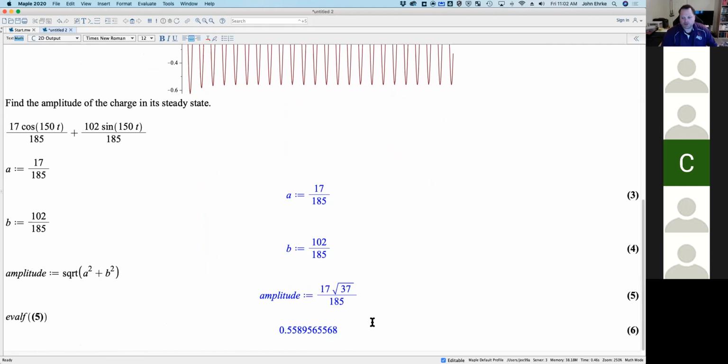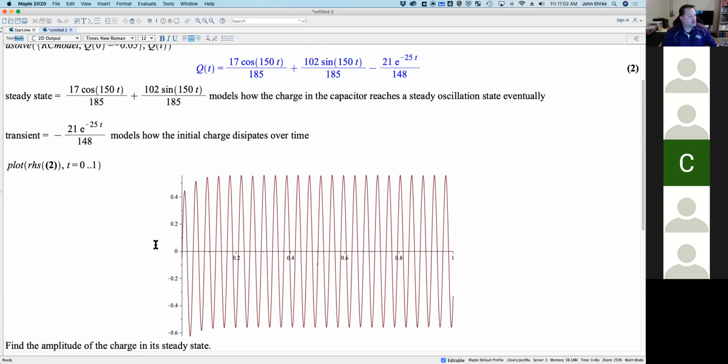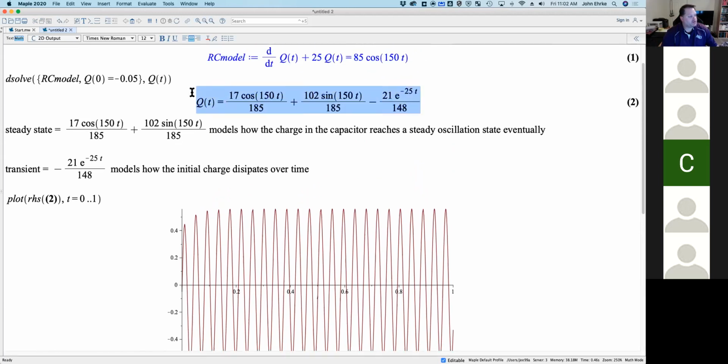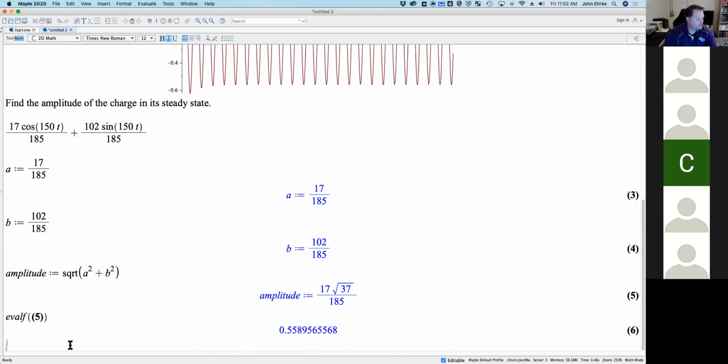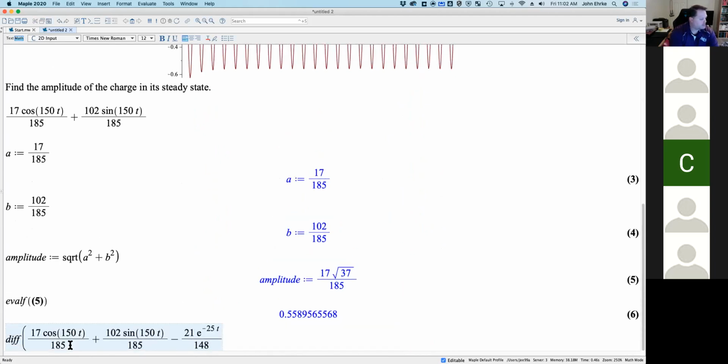Now, what if we wanted to talk about current? How would we talk about the current of what's going on in the circuit? Well, we have the charge, and we know that the derivative of charge is current. So if I just take this function and I differentiate it with respect to time, that's got to be current.